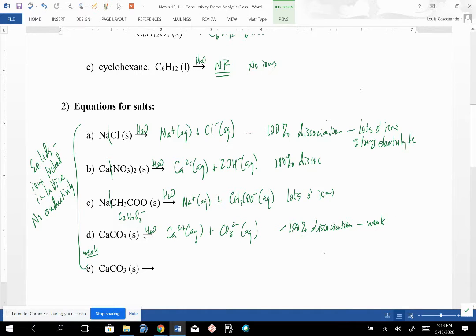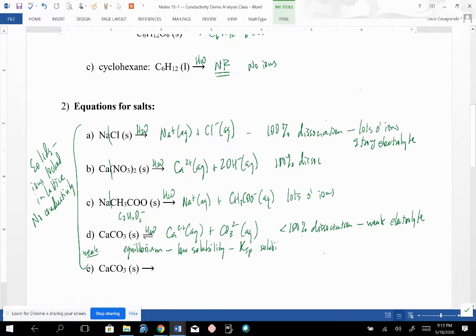Because it has less than 100% dissociation, we actually can write an equilibrium constant for this. So this is an equilibrium. And the equilibrium constant, because of the low solubility, has a special name. We give it a K for equilibrium, but SP for the solubility product.